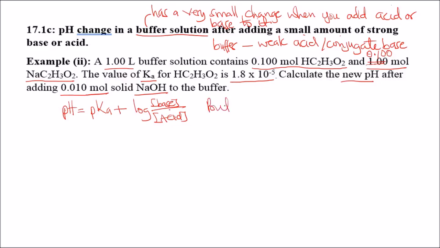But in this case, we know that the concentration of base is equal to concentration of acid, which is 0.1, especially that both are in 1 liter, so 0.100 molar, because here you are given moles instead of concentration, so you have to divide the moles by the volume.